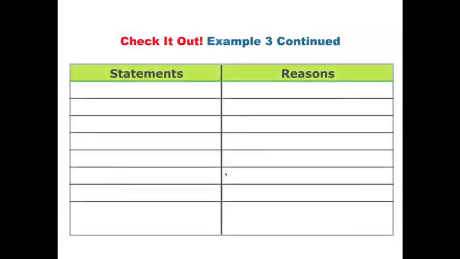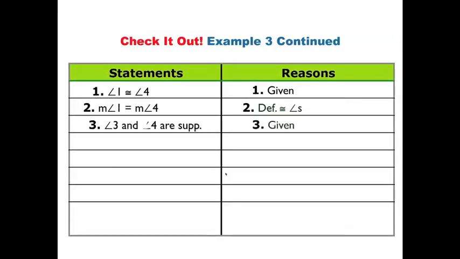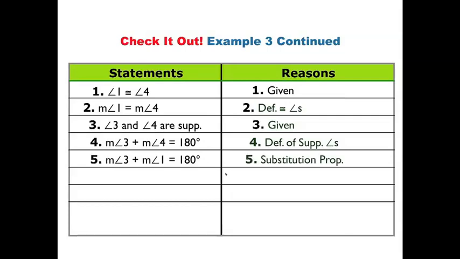So going back, remember we had made a couple statements off of our givens, and then we made a substitution. Now I'm going to say that angle 2 and angle 3 are congruent by the vertical angles theorem. So that means their measures are equal. I can actually go ahead and make that jump using the vertical angles theorem as well. Now, what we should notice is the measure of angle 2 and the measure of angle 3 are the same.